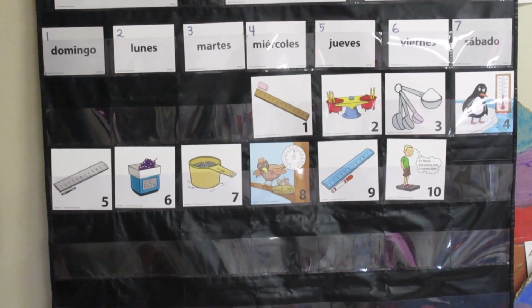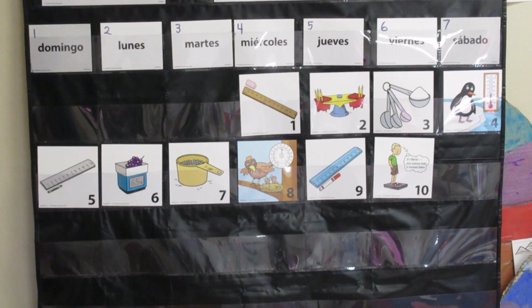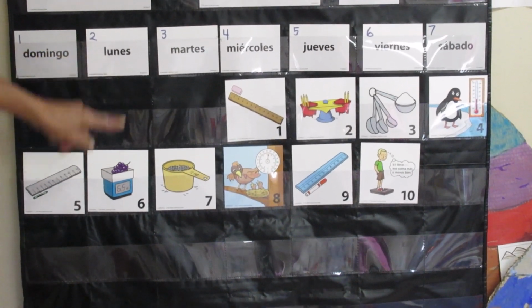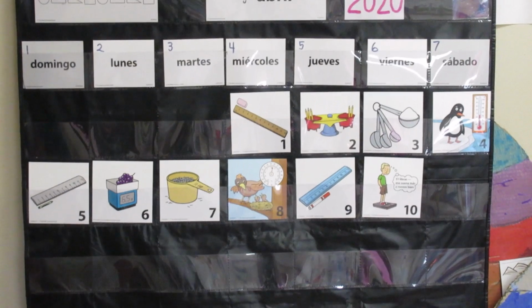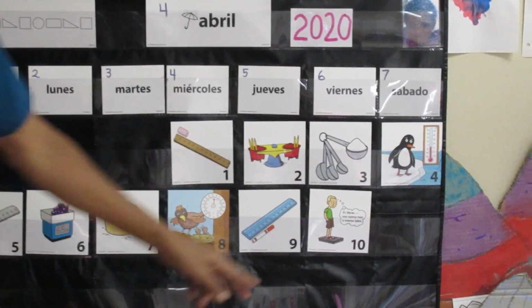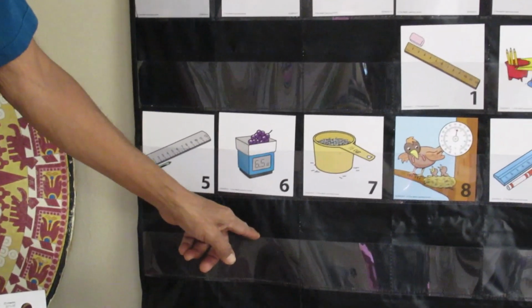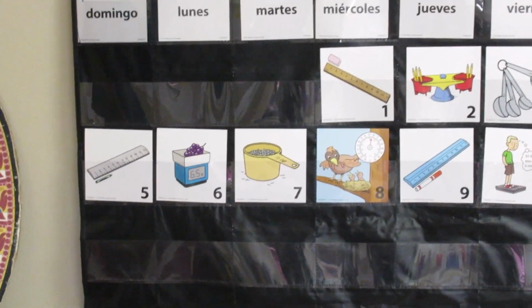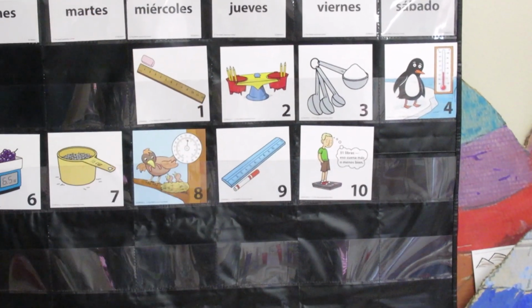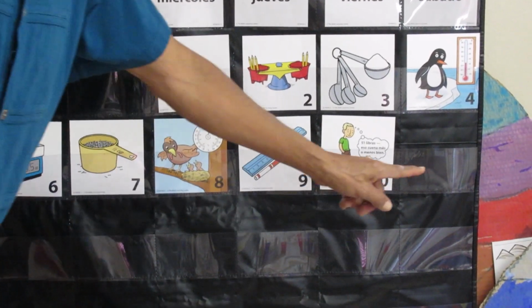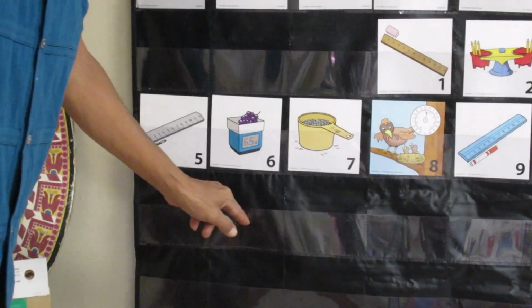Now, can you figure out what date it'll be on Monday? Today is the 10th, and it'll be Saturday, Sunday, and Monday. How many more days is that? 10 plus 1, 2, 3 is what?